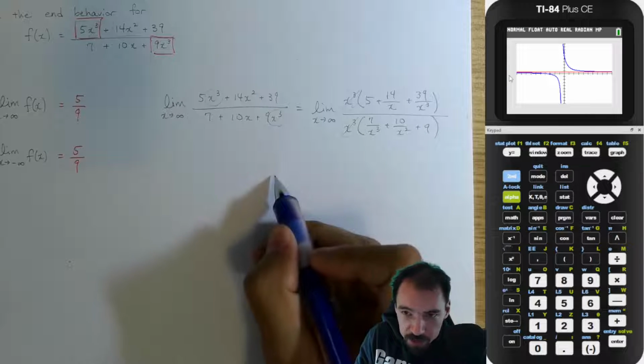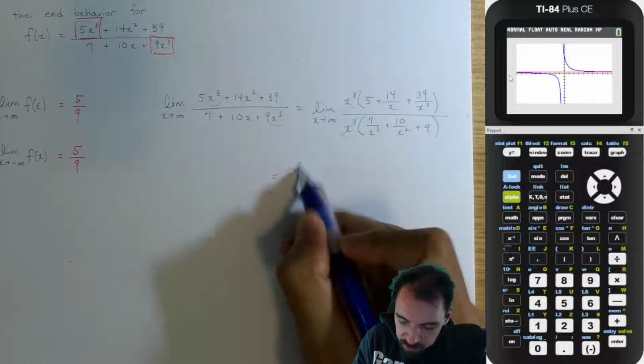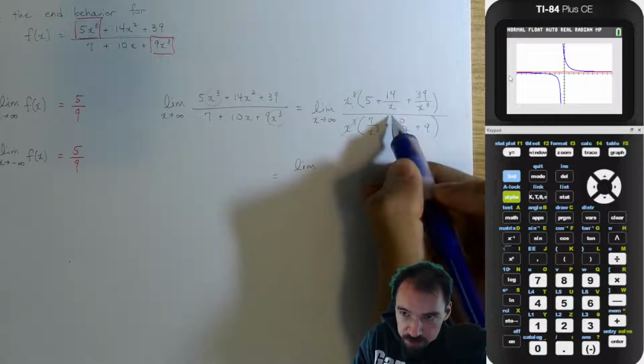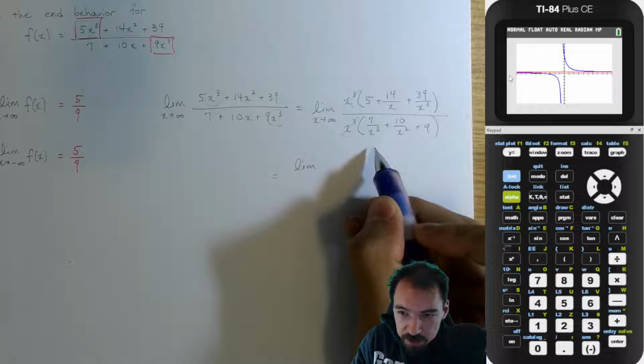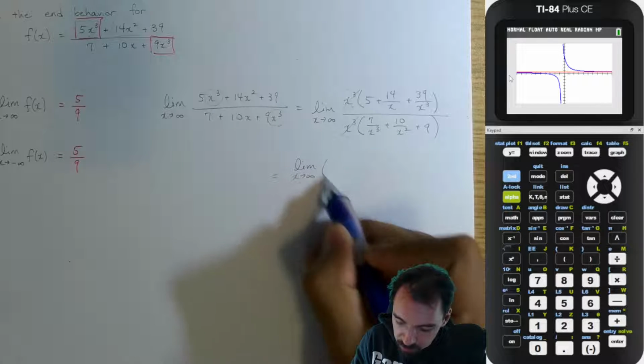Okay. Then I can apply a property of limits that says if the limit of the numerator exists and if the limit of the denominator exists and the bottom limit is not 0, I can split this into the top and the bottom.